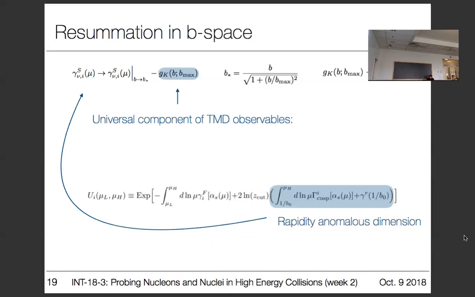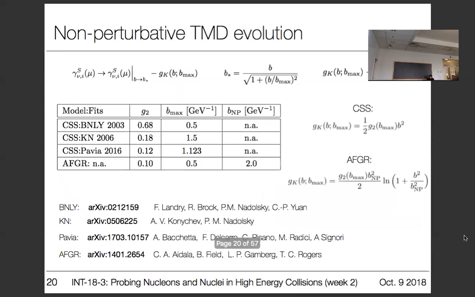Usually we model the non-perturbative part by taking the perturbative rapidity anomalous dimension, taking b to b star. This is a convention for b star, and then we add an additional term, which has to vanish as b goes to 0 because then you want to recover the perturbative result. We choose 4 models, or 2 models, 3 fits.